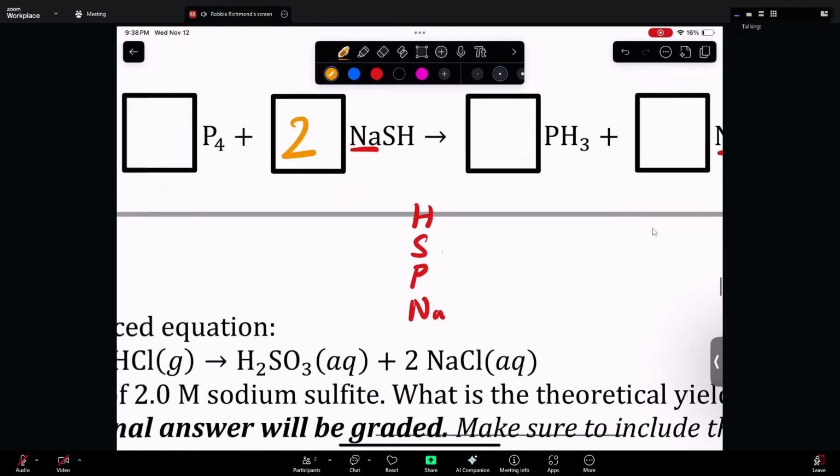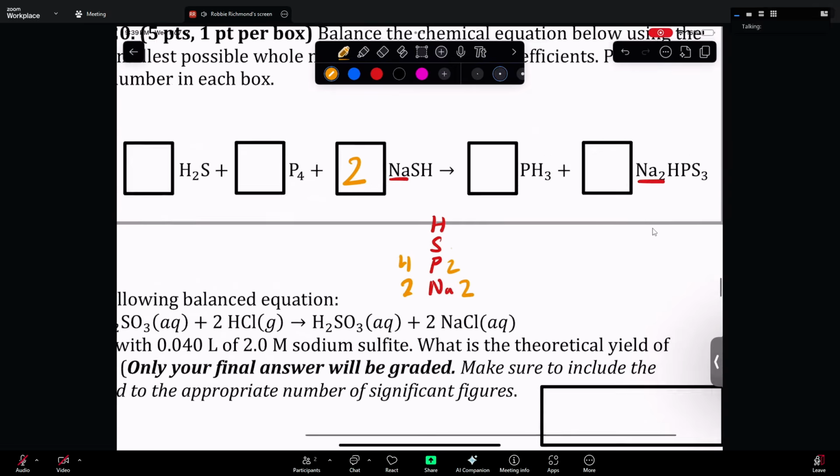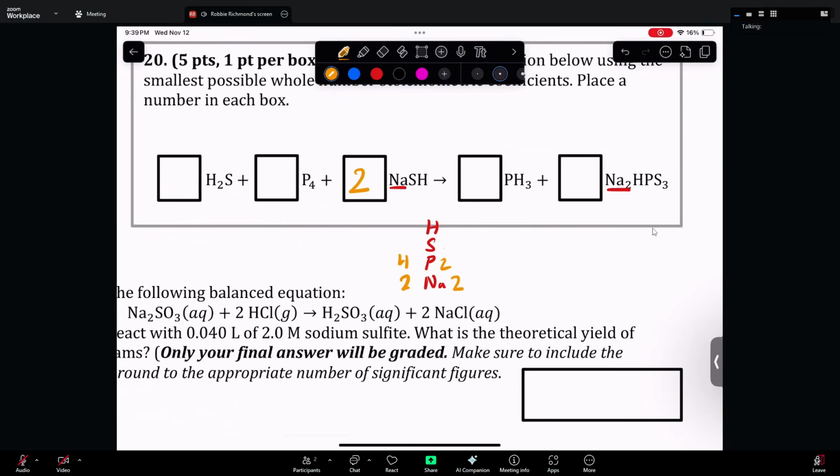And then after that, I'm going to keep track of everything. So we have 2 sodiums, you just balance that. We have 4 phosphorus, 2 phosphorus, sulfur, we have 2, 3 sulfur. Hydrogens, we have 4, hydrogens, we also have 4.